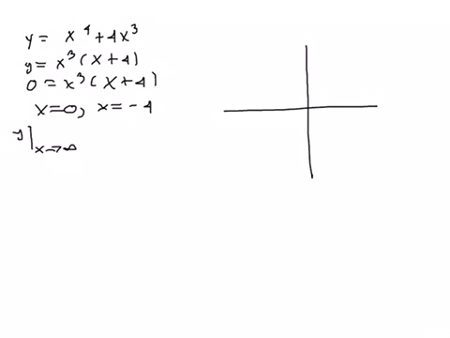As I plug in really large positive numbers, it goes out to positive infinity. As I plug in really large negative numbers, as x goes out to negative infinity, the function is also going to be positive. And again, go confirm this. Don't just believe me. Confirm it for yourself if you don't see it.